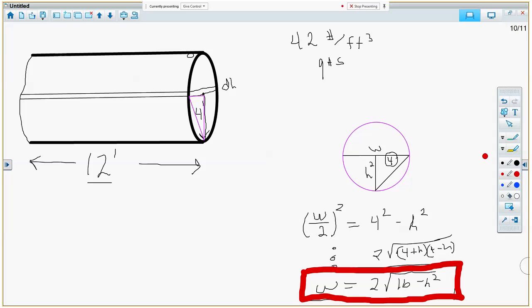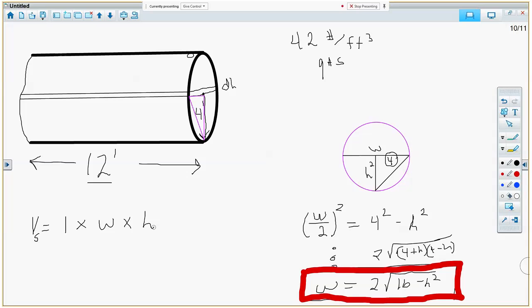Yes, sir. Unless you want to get the whips and chains out and try to figure it out, knock yourself out. All right, so now we've got the volume of the slice is equal to length times width times height.